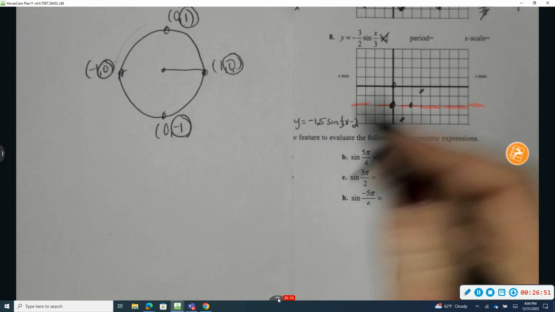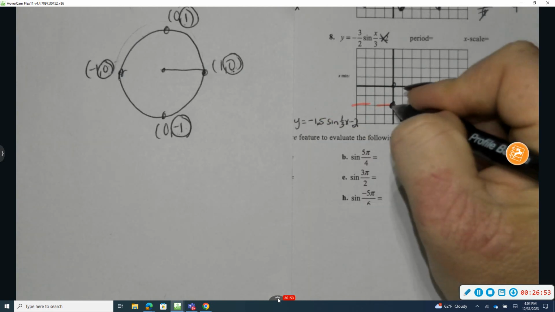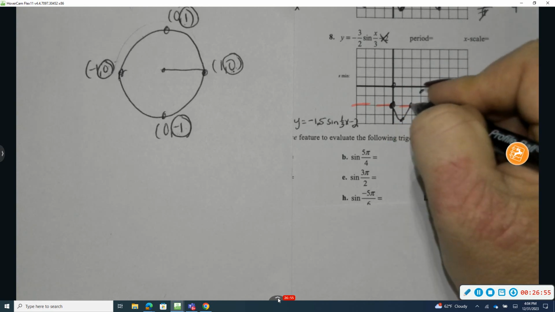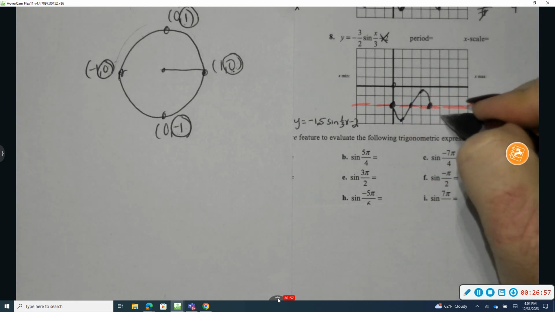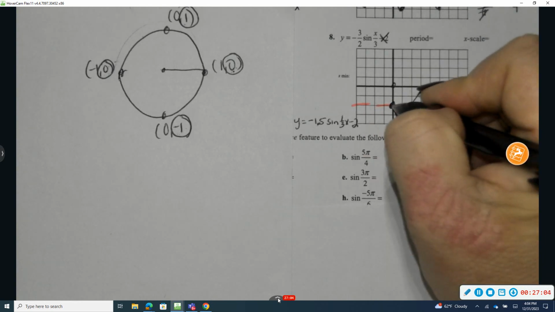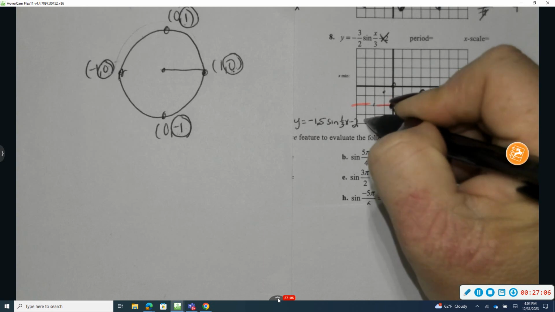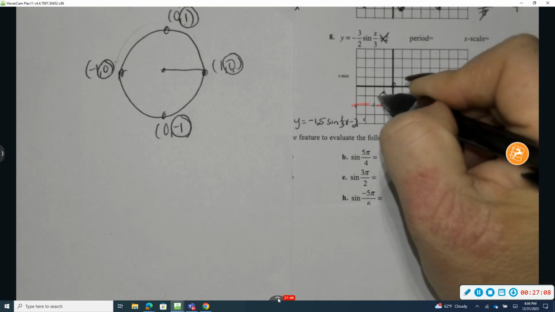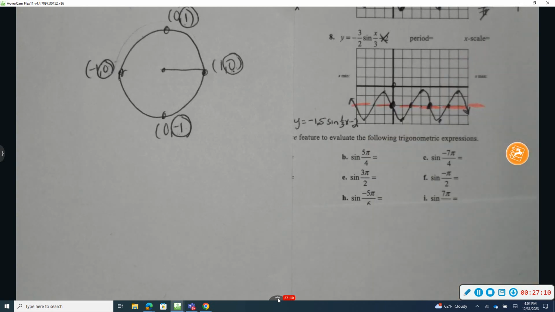And step 4, 0 times negative 1.5 is back to 0. So I did the valley first and then a hill, and I'm going to continue that. And doing it back over here, we have 1.5 up, 1.5 down. All right. So I've taken care of graphing this.